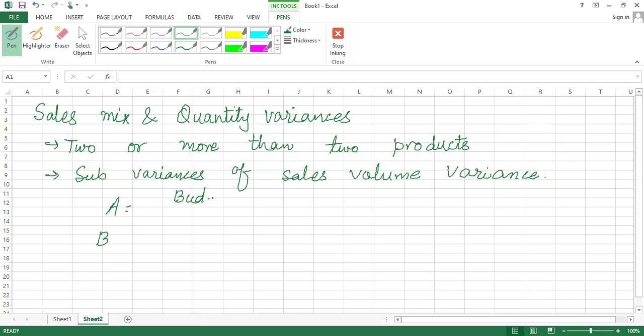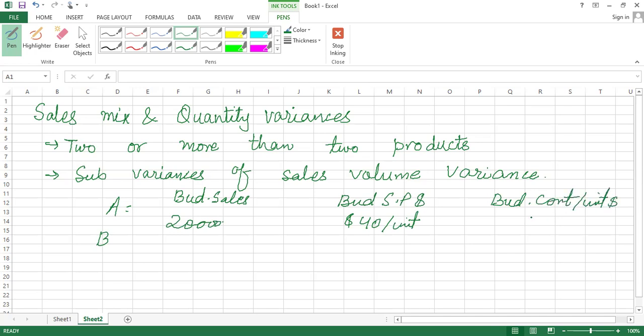Budgeted sales for A are expected 20,000 and its budgeted selling price per unit is $40 per unit and its budgeted contribution per unit is $9. Second is B, 25,000.